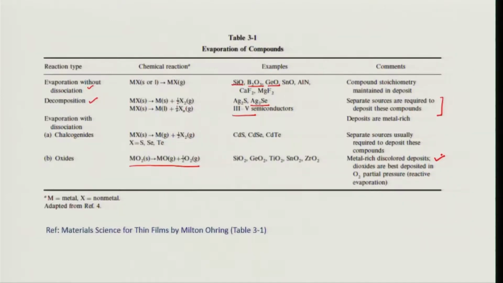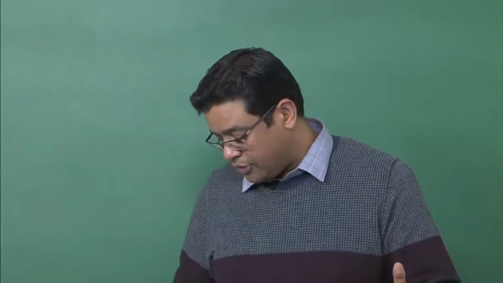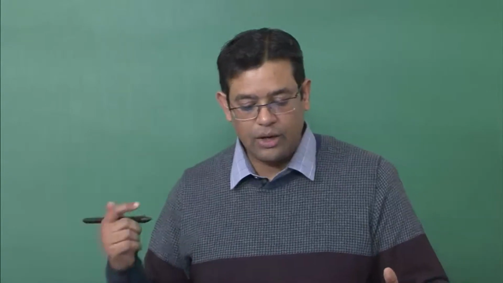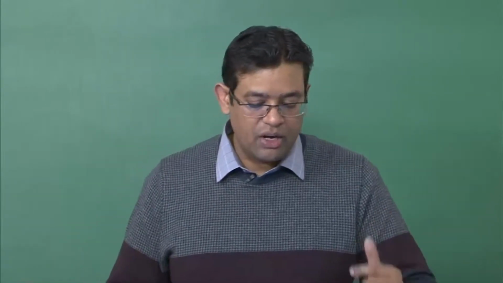So, there is a problem using thermal evaporation for compounds and also for alloys. So, evaporation of alloys, metal alloys. For example, if you want to deposit aluminum copper alloy, a thin film of aluminum copper. Okay. So, you will use a source which has the composition that you want to deposit, in solid form.